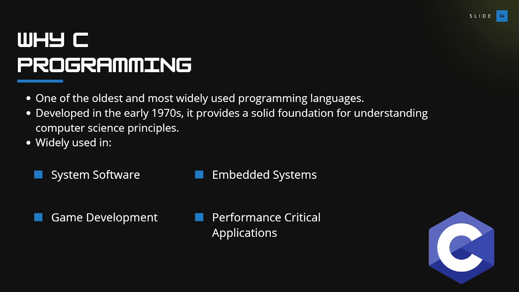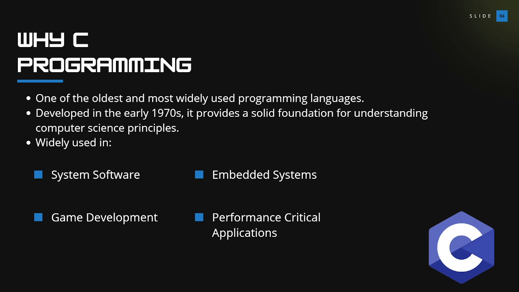Now, where is C programming widely used? Well, the first place is system software such as operating systems. Do you know that operating systems like Windows and Linux are written in C? Yes. So by learning this language, we can also understand how operating systems work and run programs. C is also used in embedded systems such as microwaves, cars, and many medical equipments.